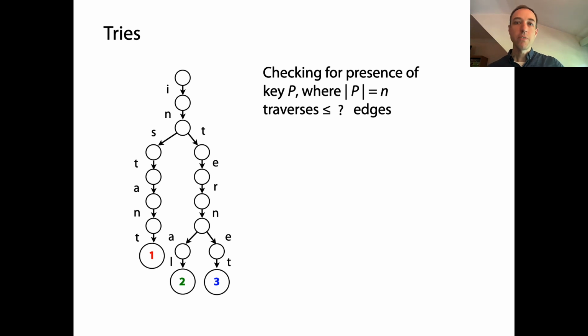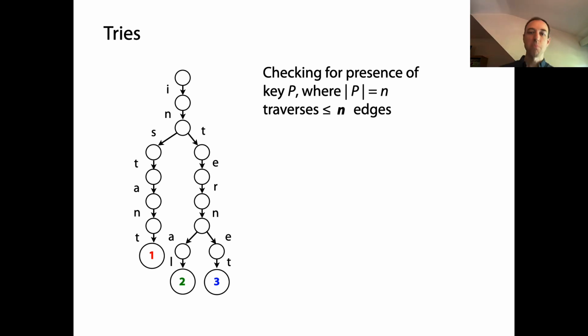I could fall off at any point in that process, which is why this is an upper bound. We're asking what's the most number of edges I might have to traverse. Well, that's just equal to the length of the query string. That's the case where I never fall off, and therefore I do the maximum amount of work, which is to traverse an edge for each of the n characters of my query string P.